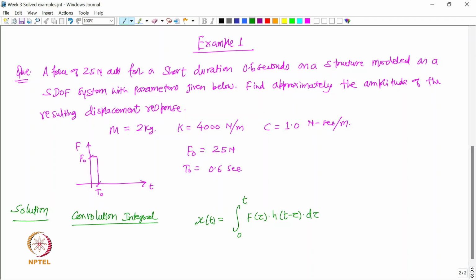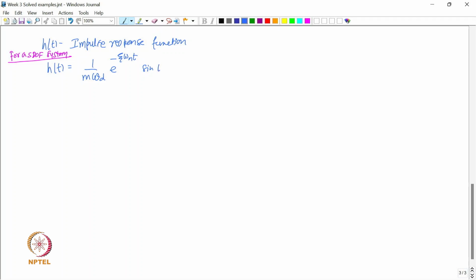And of course, what is h of t here? h of t is the impulse response function, and for a single degree of freedom system it is given by 1 upon m omega d, e to the power minus zeta omega n t, sin omega d t.